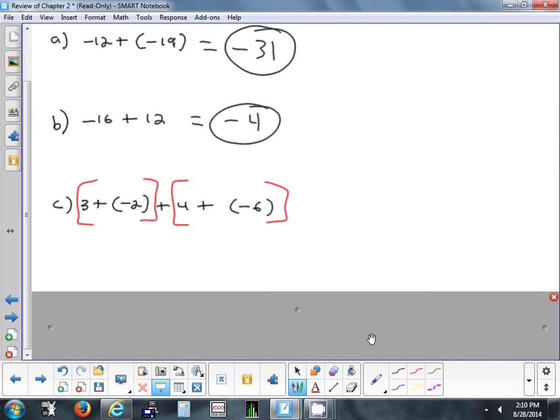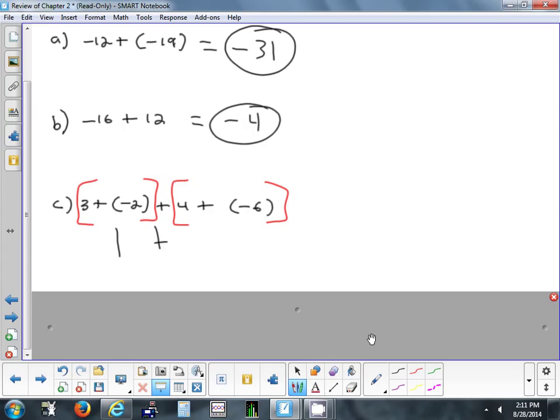I don't want to know your answer, but I want to know on this side, is this number, when I do those two things, positive or negative, Spencer? Positive, because the larger number is positive. Yeah, so what do you get? 1. 3 minus 2 gives me 1. Leave my plus sign in the middle.